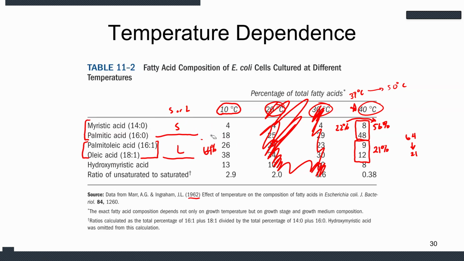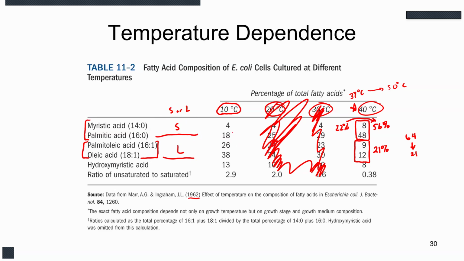So I think about this kind of like, this was 64 to 22. I always kind of think about it as almost votes. We've got 3 votes for liquid and 1 vote for solid. So you could kind of think about this as our membrane is like 75% liquid at 10 degrees Celsius.